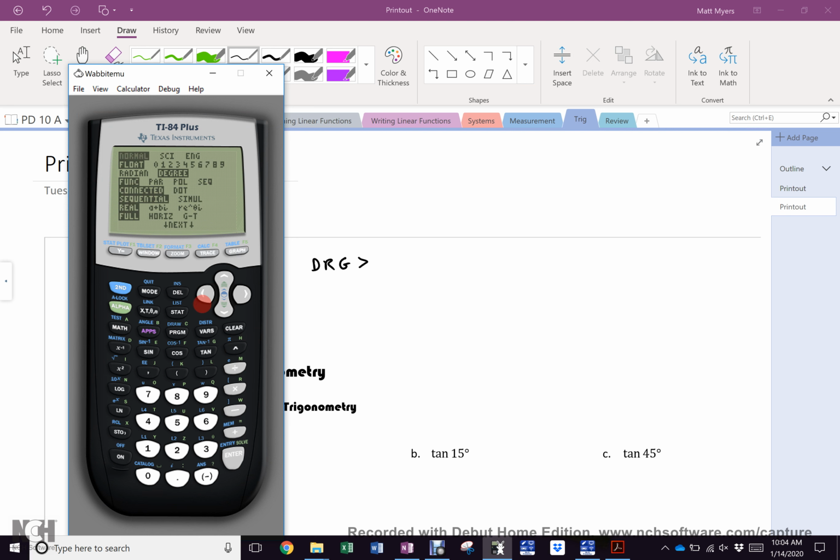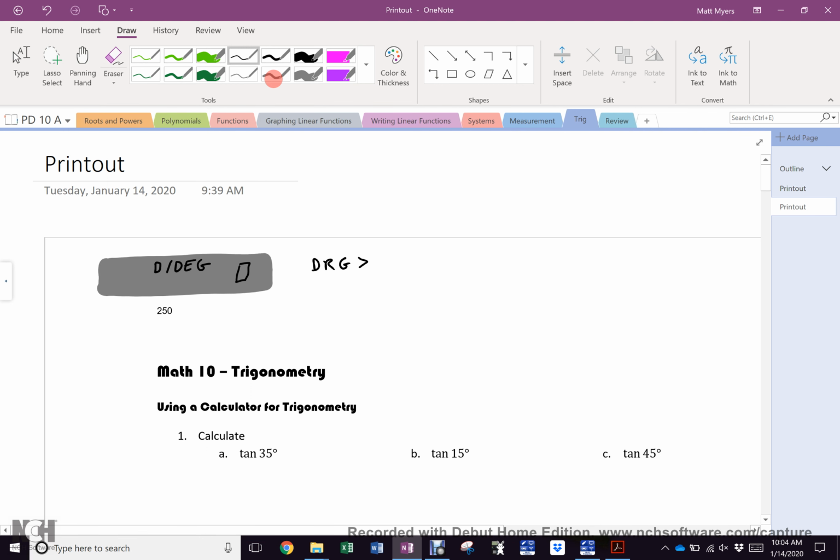Then use the arrow keys, pretend you're playing 8-bit Nintendo, and go down until the word degree is flashing. Then you push enter. Have I covered everyone? Has everybody put down their calculator now? Here we go. Like I said, it's my favorite part.